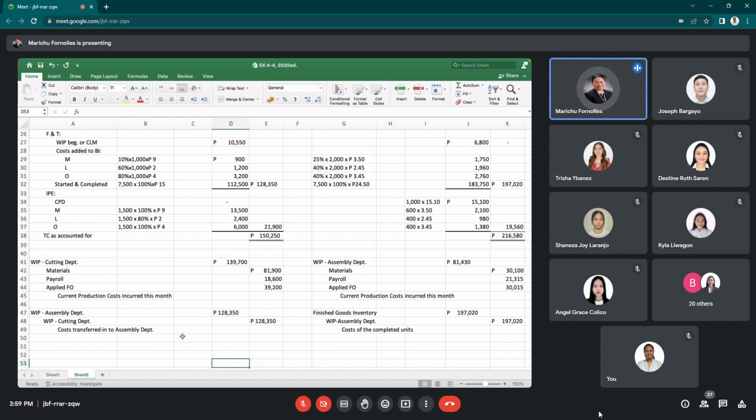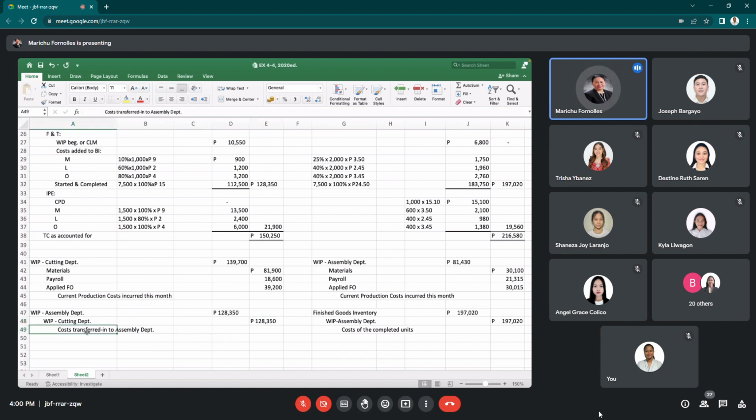of the units and the accompanying costs from cutting to assembly. So your F&T of 128,350 in cutting will now be transferred out to assembly. So debit work in process assembly department 128,350, credit work in process cutting department 128,350.